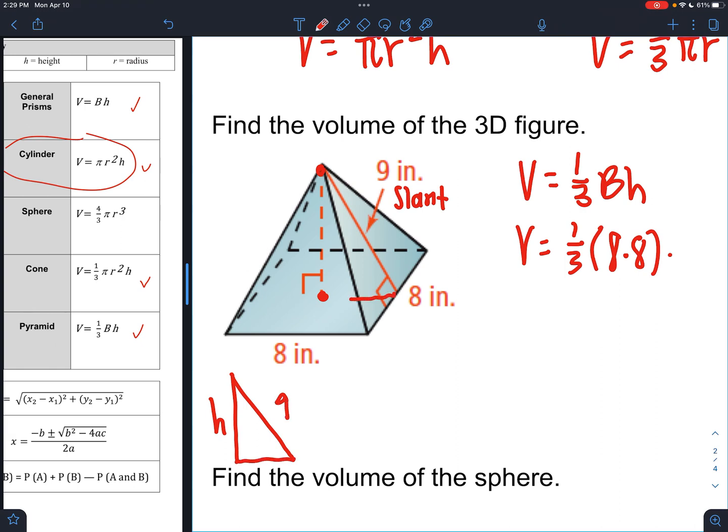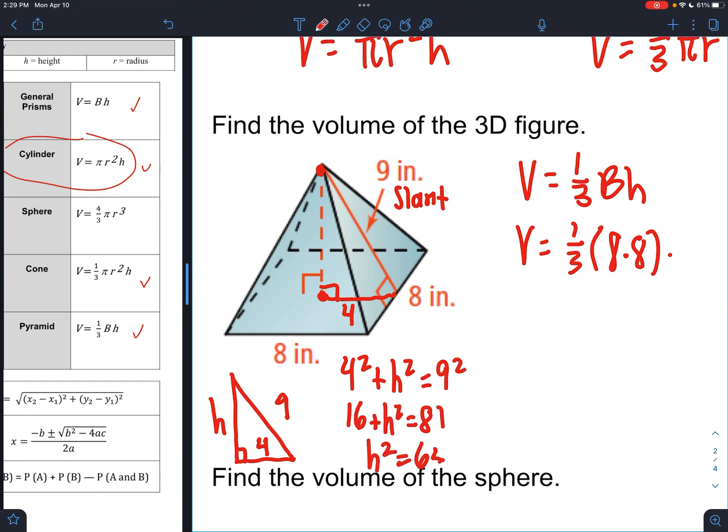But I can complete this right triangle here, where this is actually going to be 4. And we can do a little bit of Pythagorean theorem here. So 4 squared plus h squared equals 9 squared. So 16 plus h squared equals 81. So we get 65. So h is the square root of 65, which is around 8.